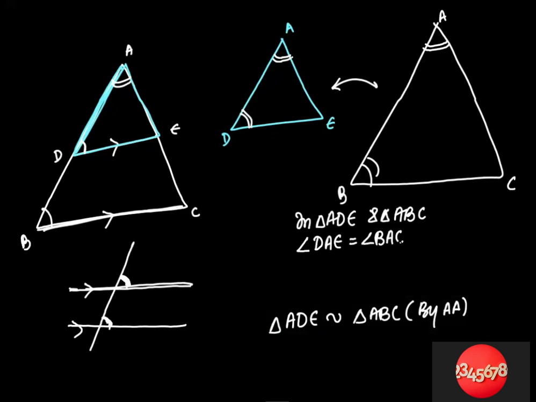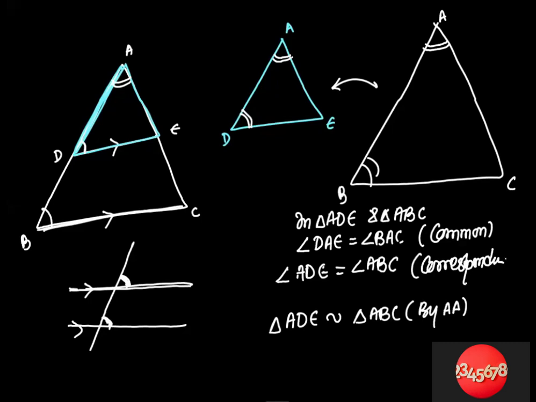You can even write AA by common. Is this clear? Angle ADE, the other one, is equal to ABC by corresponding angles. And then if two triangles are similar, their sides will be proportional. And if you have to find some sides, put their values in the ratio.